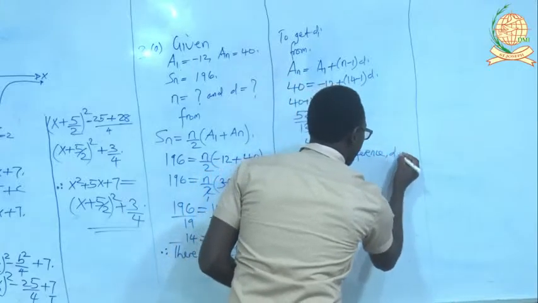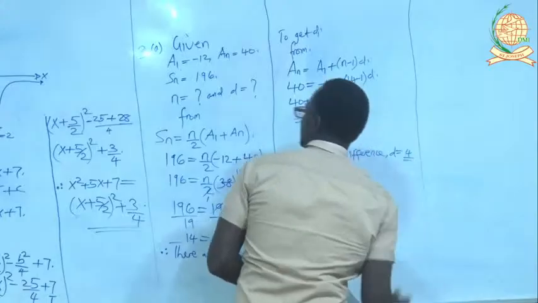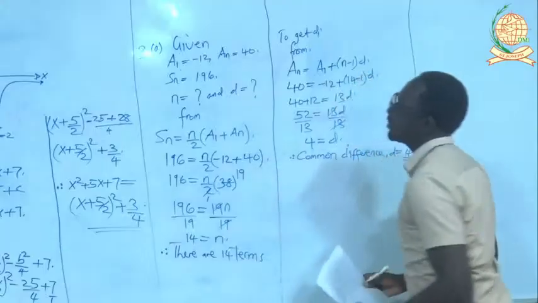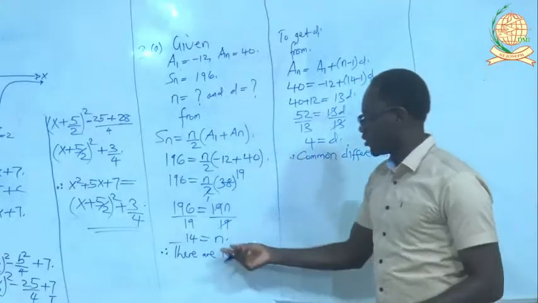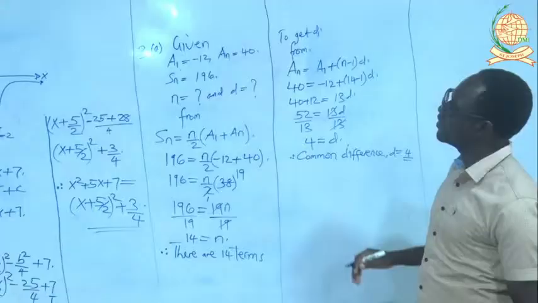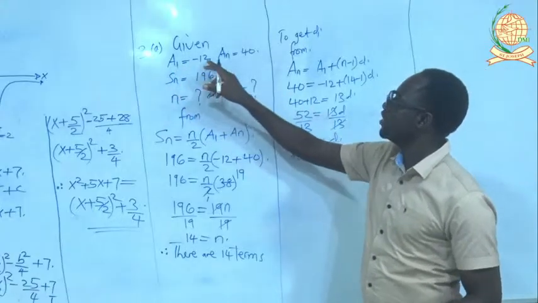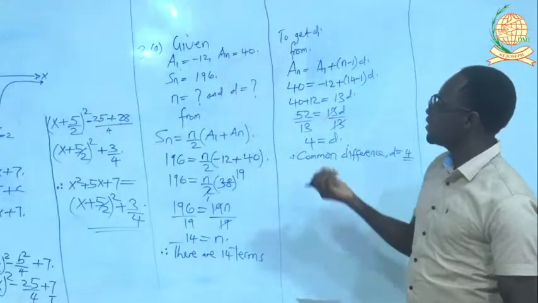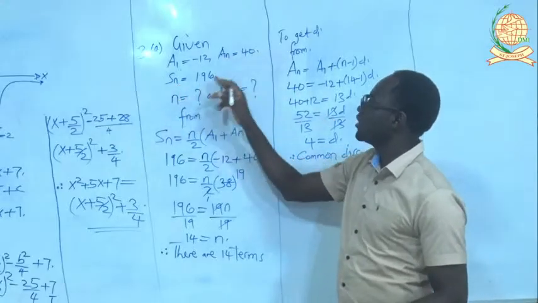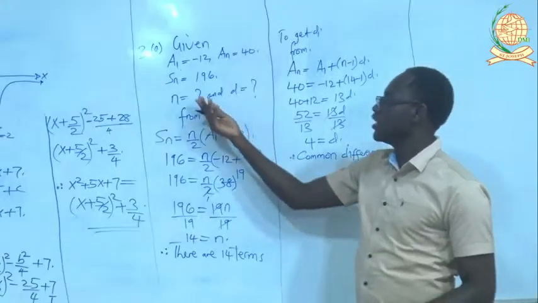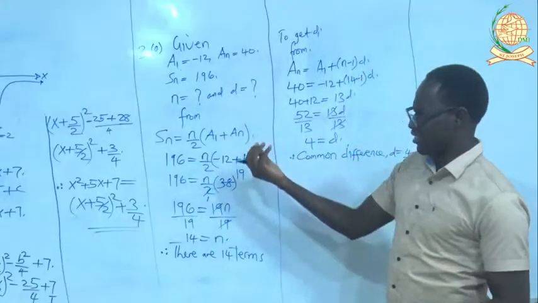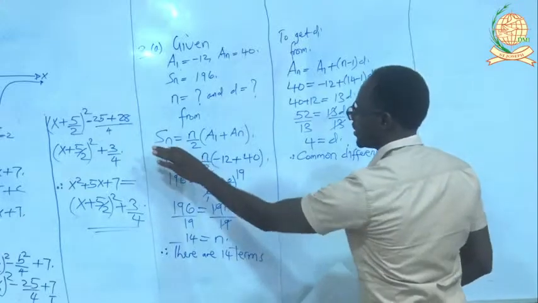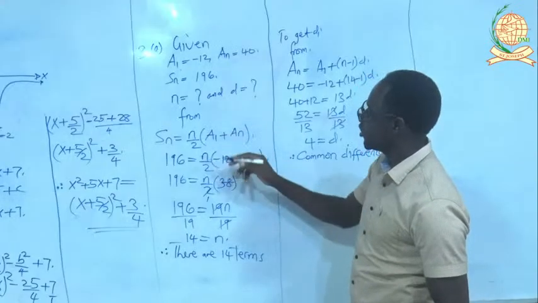So this is question number 3a, where we are asked to find the number of terms n and the common difference d, given the first term a1 negative 12, the last term an 40, and the sum of n terms 196. We started by finding n. Remember the formula used to find the sum of n terms: Sn equals n over 2 in bracket a1 plus an.